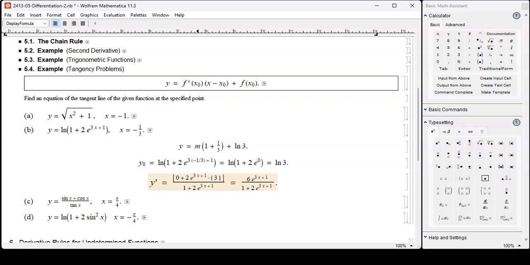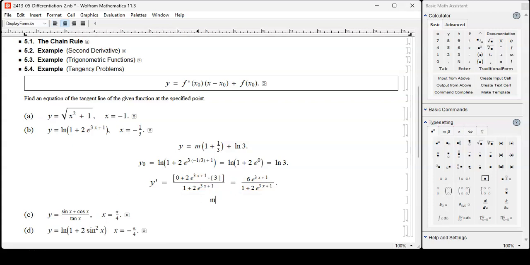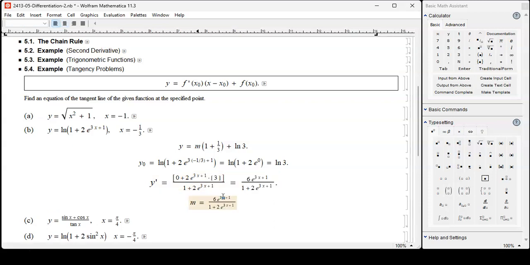But beware, what you want is the slope, not the derivative function. You don't get slope until you plug in. So the slope is plugging in x equals -1/3 into this expression. It's hard to read, so let me expand the font again. 3 times -1/3 is -1, and a plus 1, so the exponent here is 0.